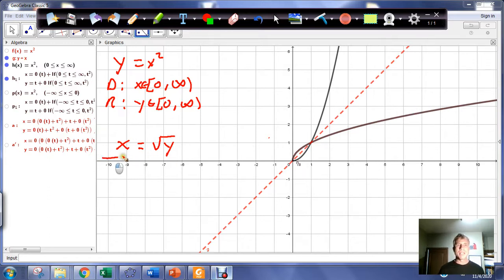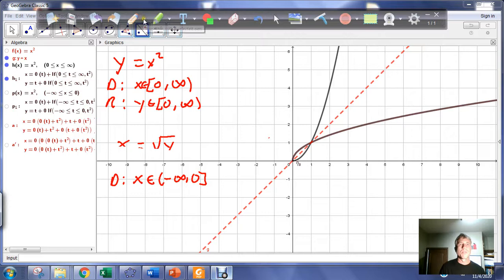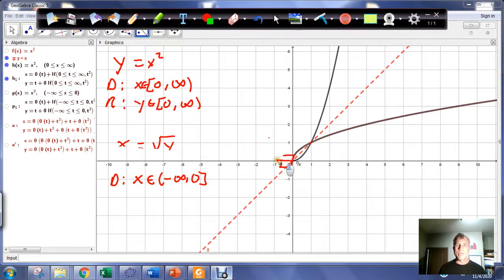If instead we restrict the domain like this, we let x run from negative infinity all the way up to and including 0. In other words, only look at the part of the parabola that lives from 0 to negative infinity.